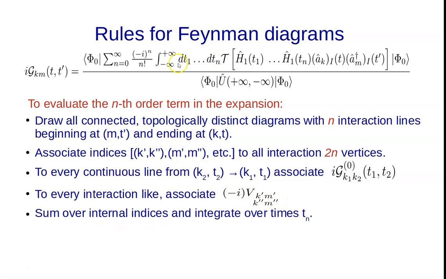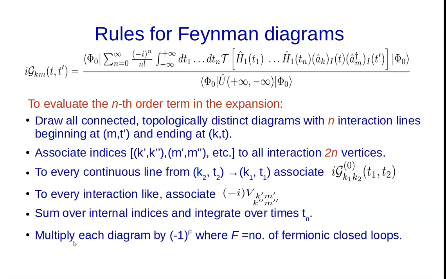And then you sum over all indices and integrate over all these intermediate times dt, and you then multiply each diagram by minus 1 to the f, where f equals the number of fermionic closed loops. And this will give you the correct minus sign coming from Wick's theorem.